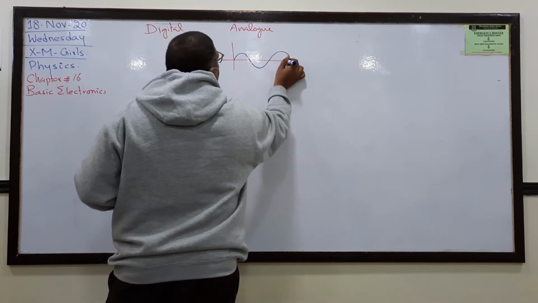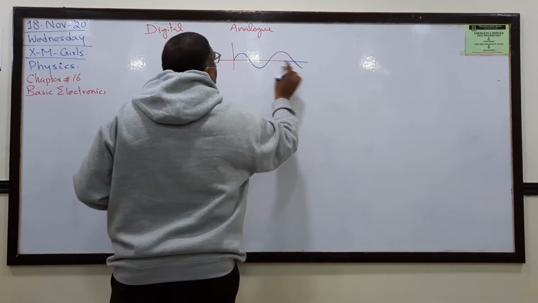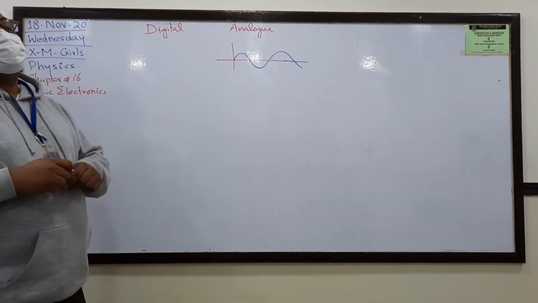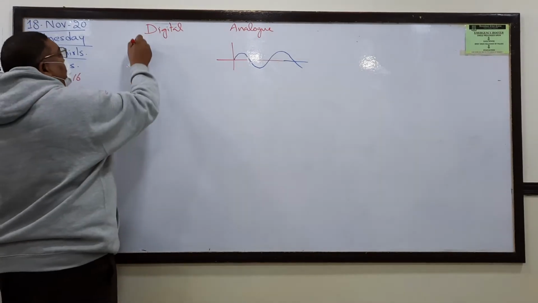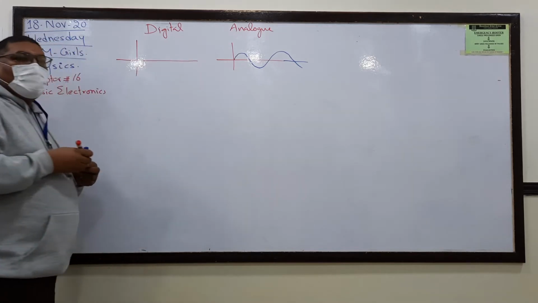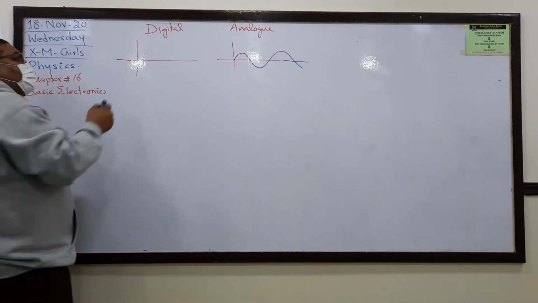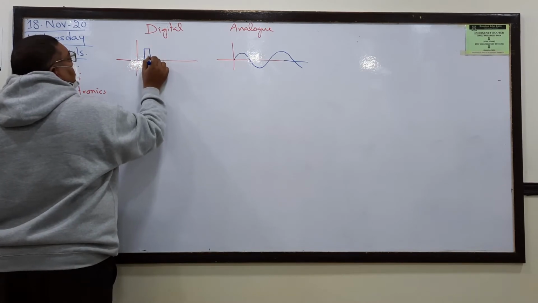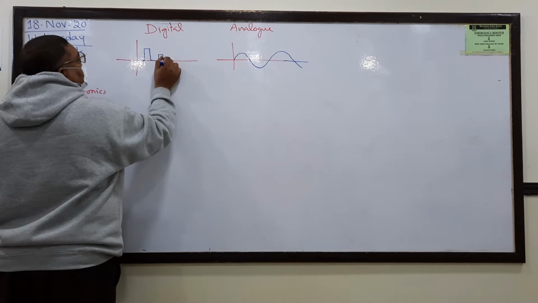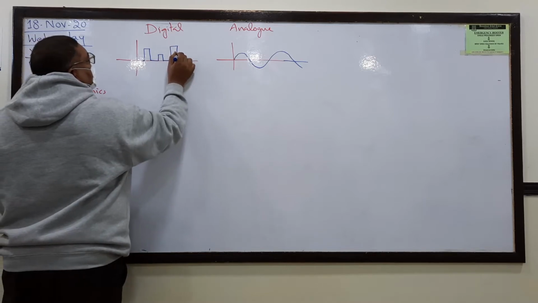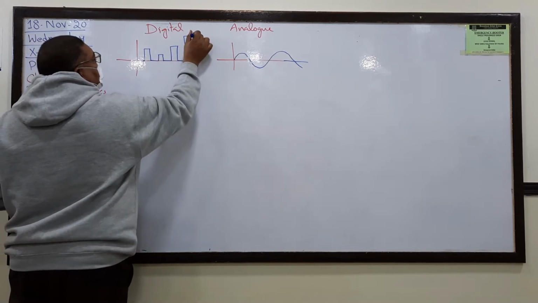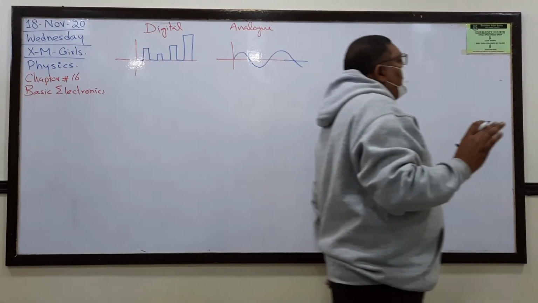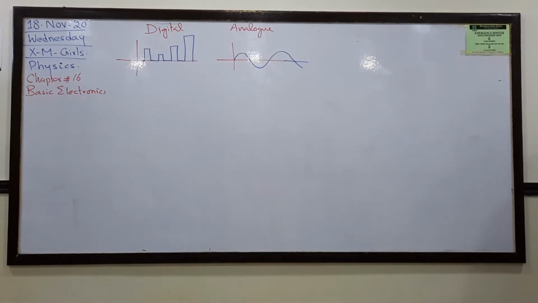The value is continuously changing with smoothness. If something is digital, its value does not change like this. Its values will be changing abruptly. For example, like this. If you draw a graph between the digital and the analog, that will be something like this.